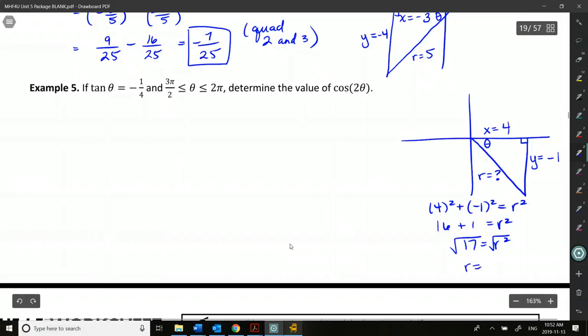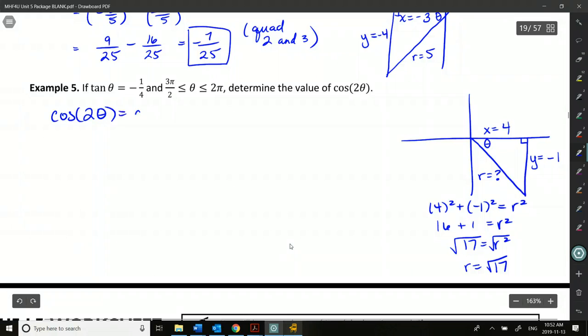If I'm finding the radius, it's like the radius of a circle, right? We're talking about points on the outside of a circle. So for the radius, you don't need to consider positive and negative options. That one's always positive. It's only if you're solving for x and y that you need to consider positive and negative options. So our radius will be √17.